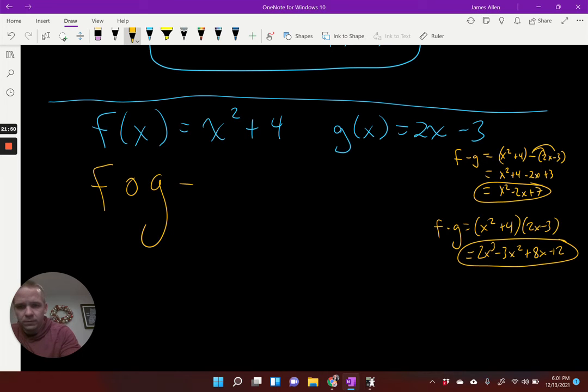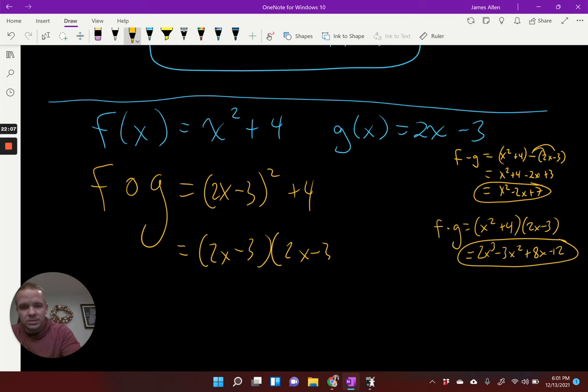All right, how about f of g? Everybody's favorite, fog. So this one, g is going into f. So I'm going to have 2x minus 3 quantity squared plus 4, right? G is getting plugged in. This is where you're going to be very careful. You got to make sure that you are thinking of this as 2x minus 3 times 2x minus 3. Some of you are totally fine with foiling this in your head without having to write it out.